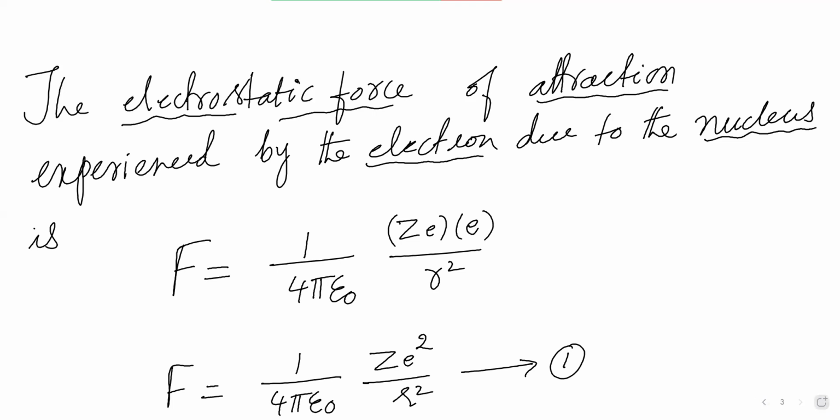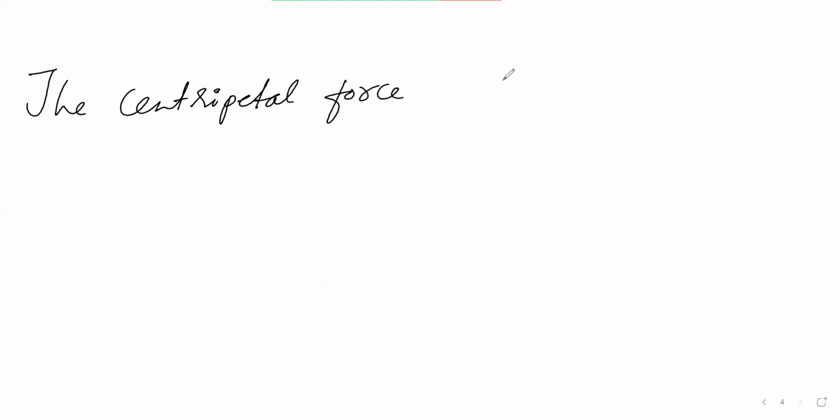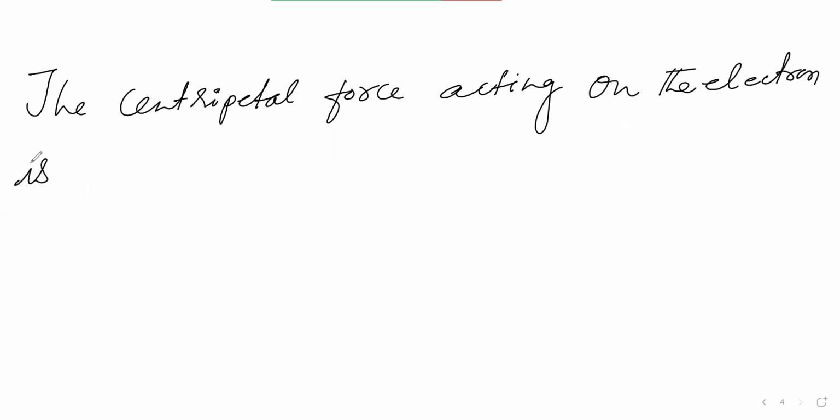Next, go to the next slide. The centripetal force acting on the electron is F equals mv square by r. m is the mass of the electron, v is the velocity of the electron, r is the radius.